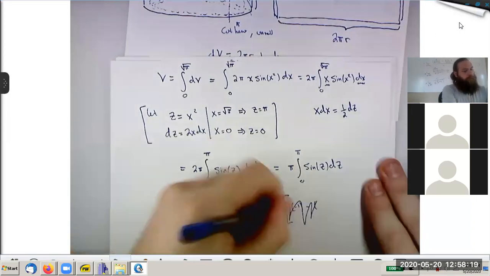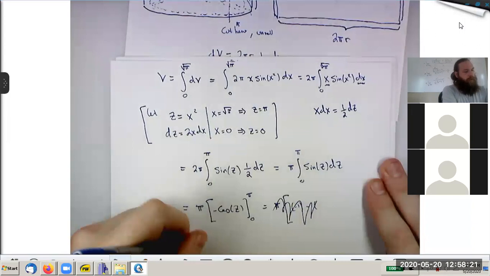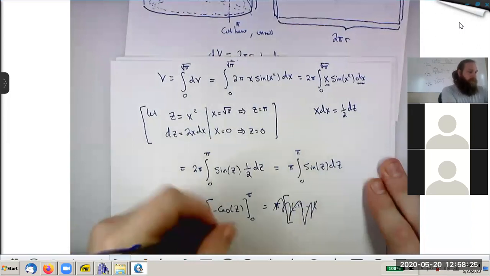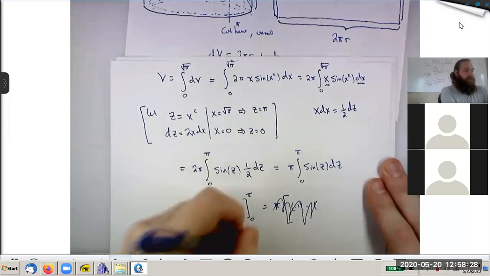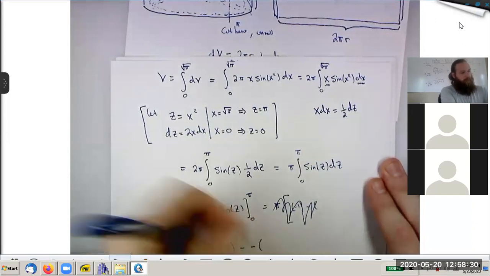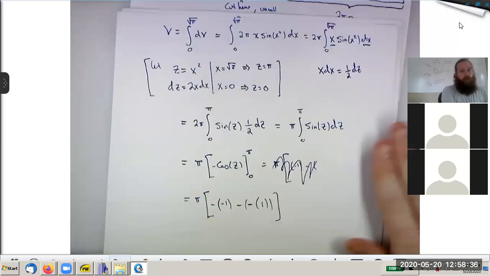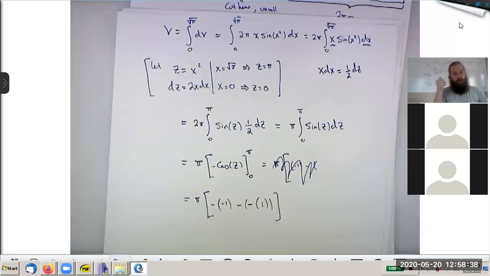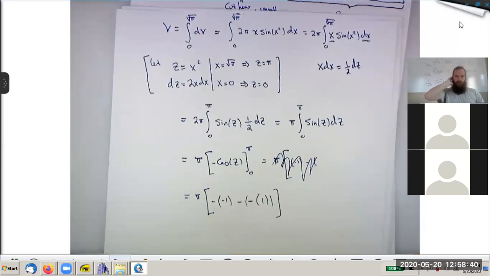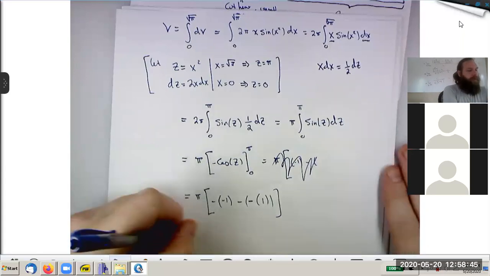I'm sorry, being sloppy. This is pi times negative cos of pi, which is -1, minus negative cos of 0, which is +1. So that's what that evaluation looks like if we're careful with our minus signs. Which is 2 pi, right? This is 1 plus 1, which is 2 pi.